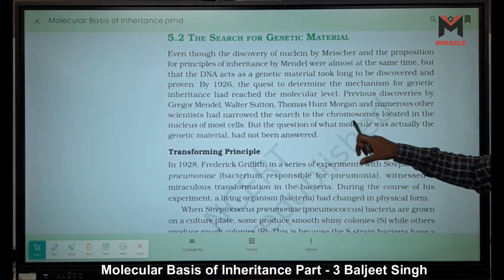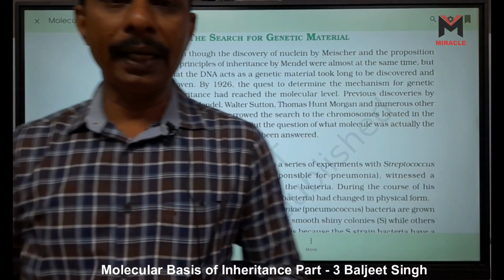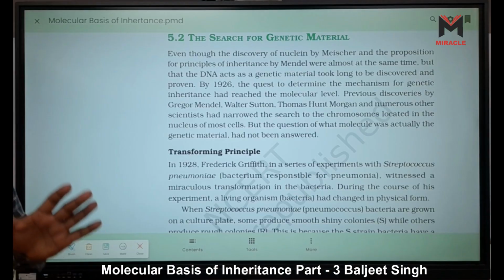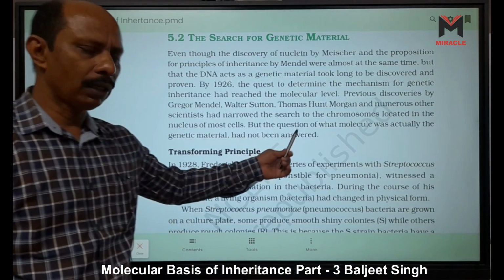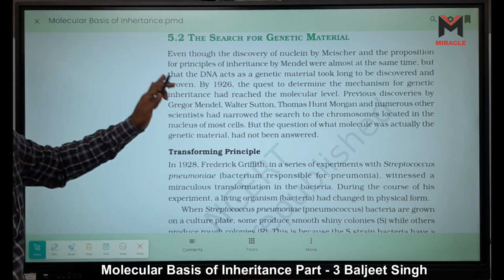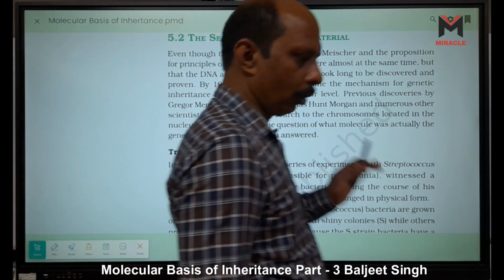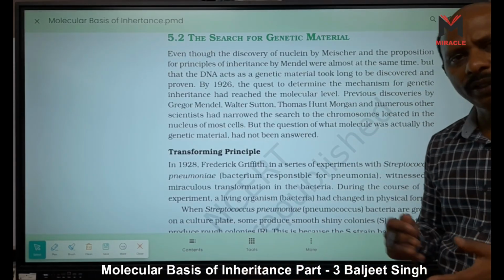But the question of what molecule was actually the genetic material, responsible for the inheritance of characters or properties, had not been answered. They had no idea what transmits the genetic information from one generation to another.